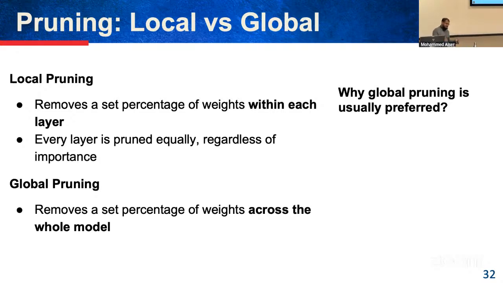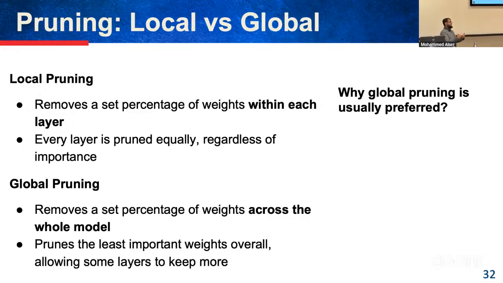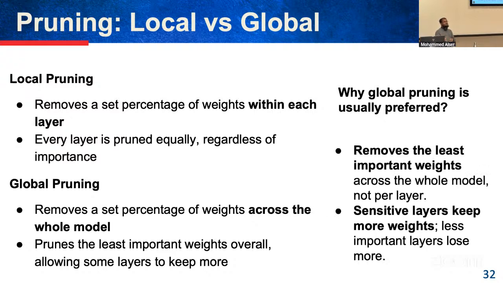Okay, the answer is correct, but my answer should be like this: if you remove the same weights, the same connections from each layer, that means some layers may be more important, more sensitive to accuracy. Just like the convolution layers in a CNN and the fully connected layers, convolution layers hold the spatial information.